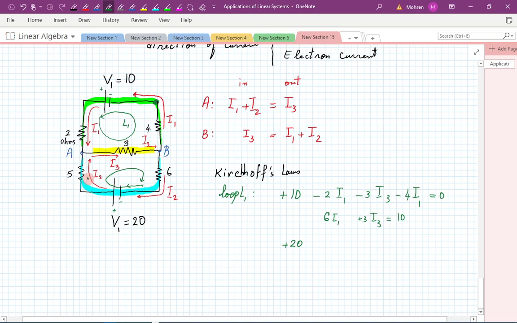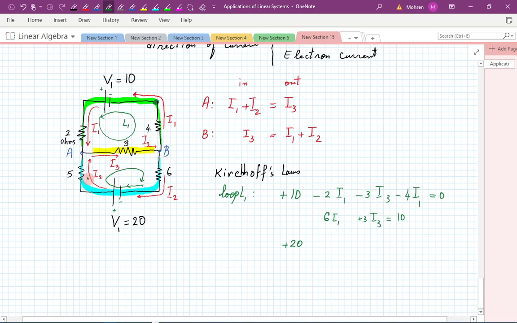Of course you can clean that up as well. 5 and 6 makes 11I2, and then we have 3I3 as before, equal to 20.